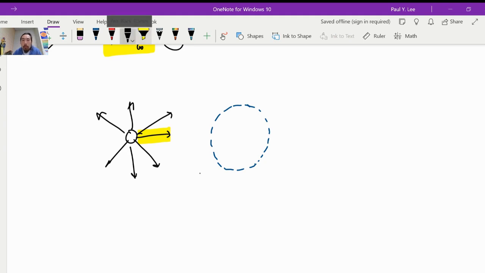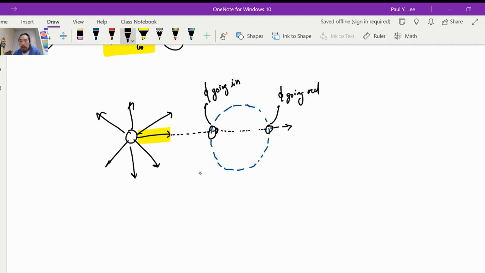This is my window, and we can see here that this E field goes through that part of the window, but see what happens as it continues going out. Whoa, whoa, whoa. So this is the flux going in, and here we have the flux going out. And these are two different windows, and that's important.